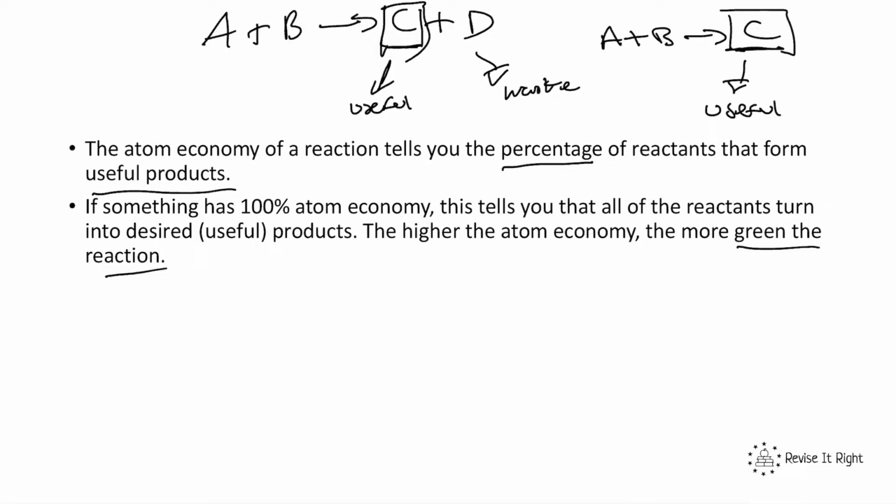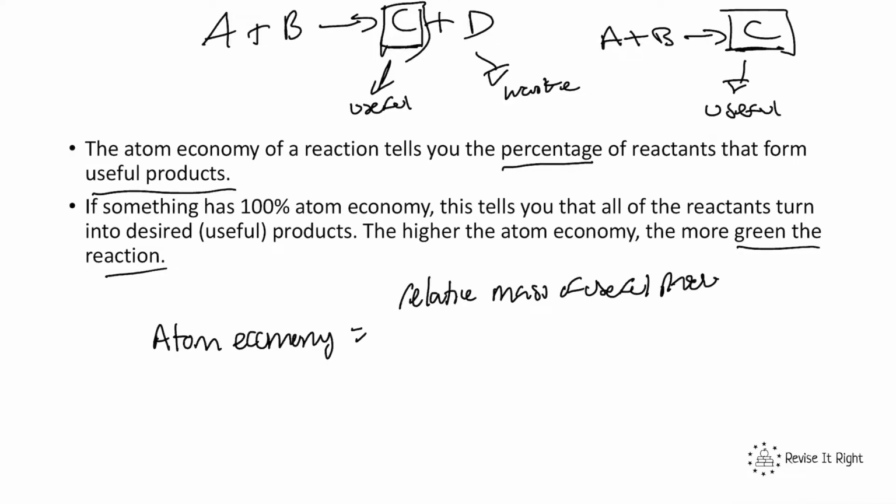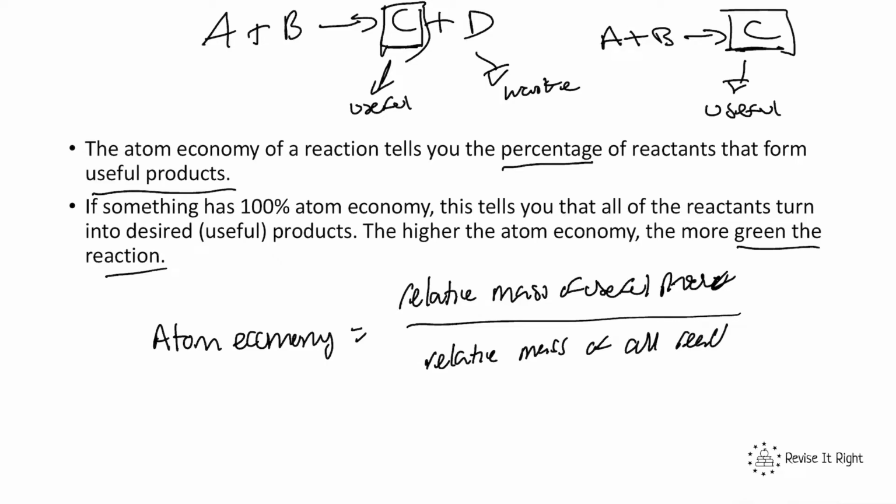Now the equation to calculate atom economy is equal to the relative mass of useful product divided by the relative mass of all the reactants times by 100. And that's how we calculate the atom economy.